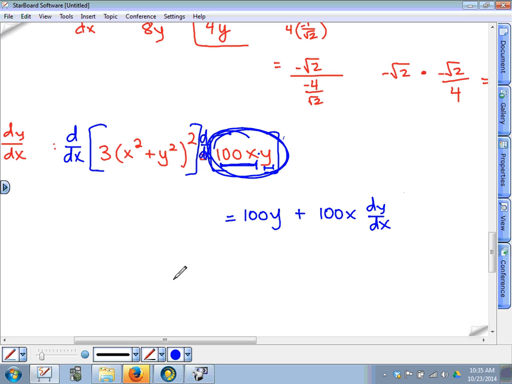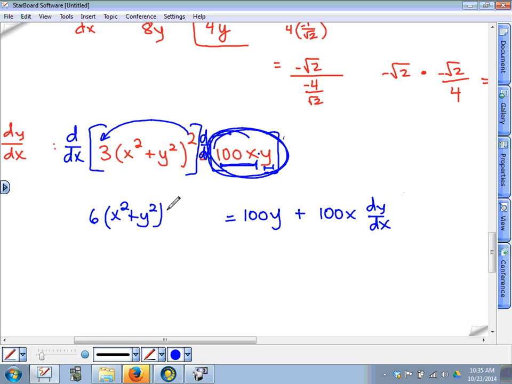Okay, thank you. Okay, you guys, on the left side, this is a chain rule. Drop down the 2. So we have 6 times x squared plus y squared. That power decreases by 1. So it's just to the first power.